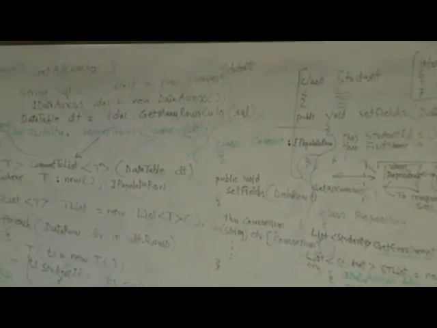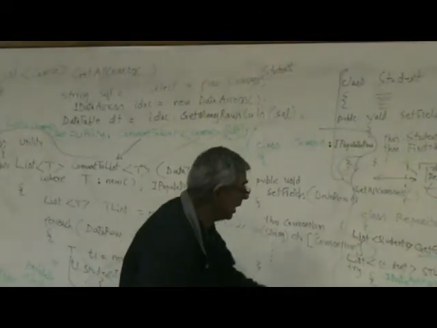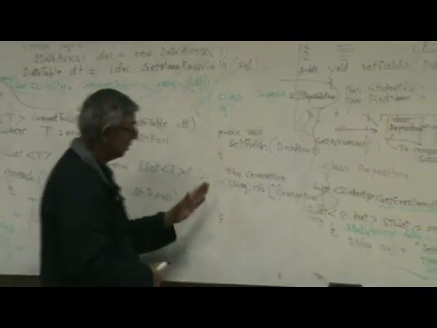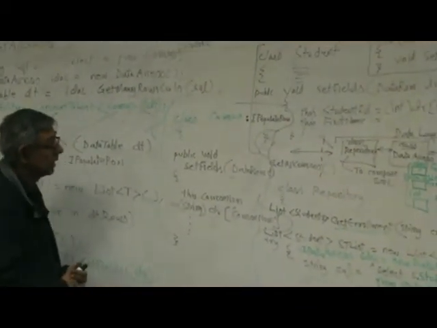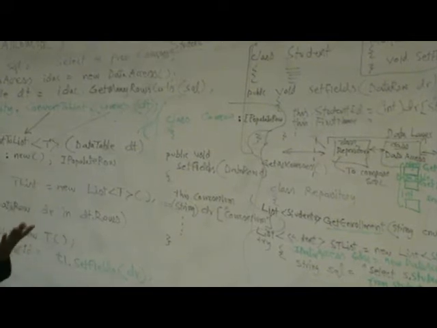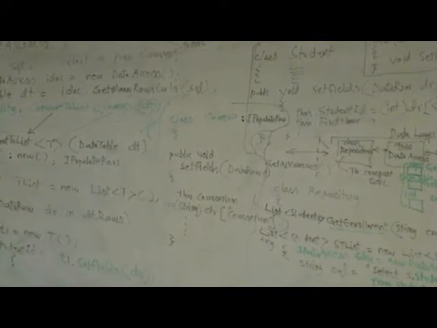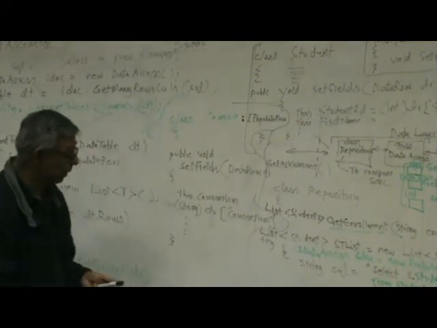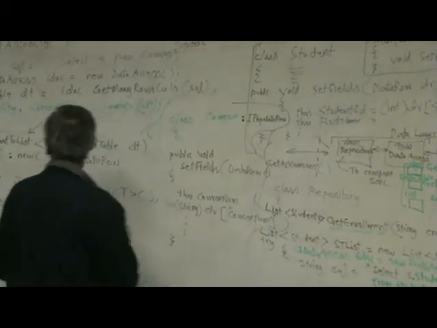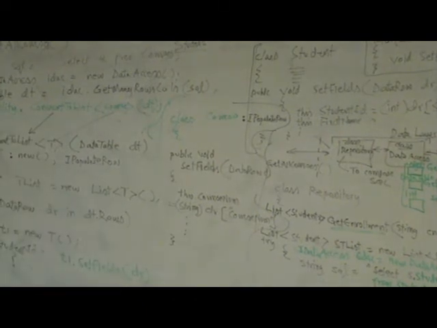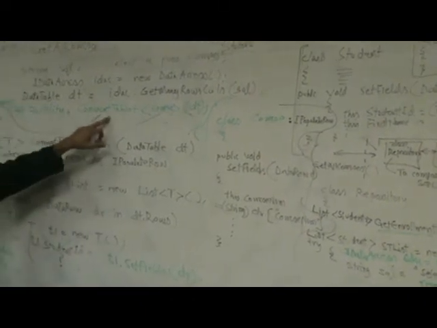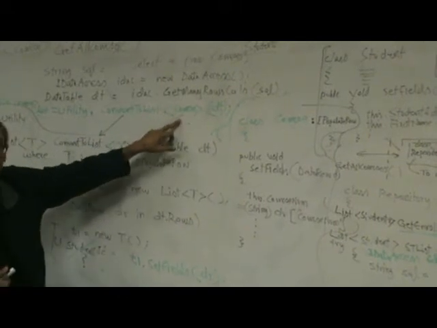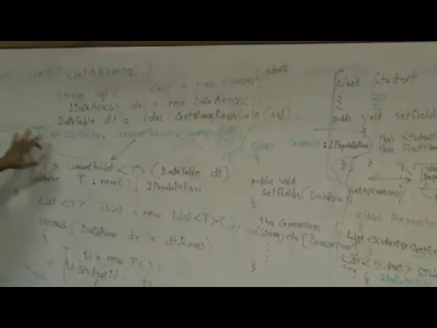So if you were, let's say, writing the getEnrollment, and at the very end, after you issued the SQL and obtained the data table, you wanted to convert this to a list of student. What will your code look like in this case? Again, you will call Utility.ConvertToList<Student>(dt), and then you'll store it in a list of student, right?